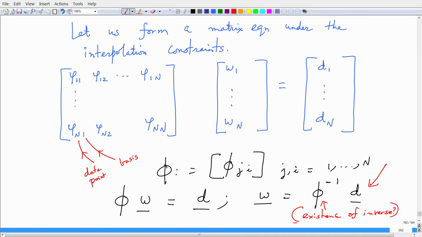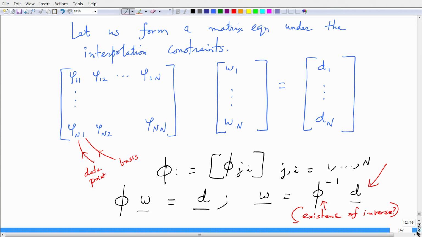Now, you may wonder about the existence of this inverse. Why is this crucial? This is crucial because phi depends upon the choice of the nonlinear function that you started off with in the first place, and you populated the entries in this matrix phi using that nonlinear function by evaluating at different data points, and if this has to be invertible, then the original nonlinear function should have certain properties that make this work out.